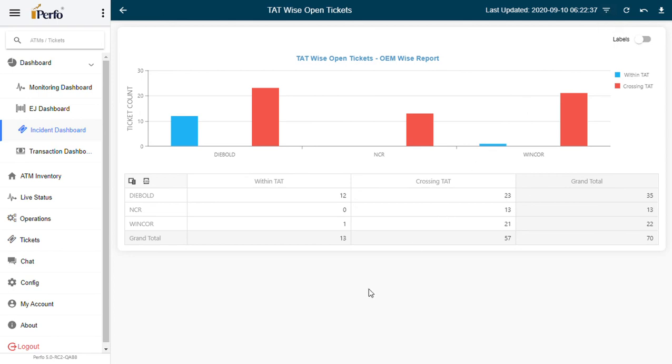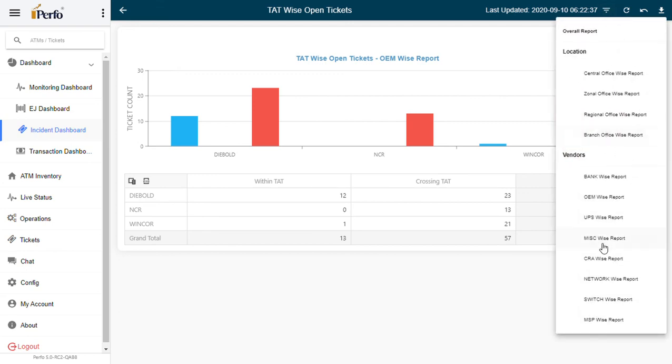Okay, you can download these reports, produce them to your vendors, and tell them this is your actual SLA adherence. Okay, you could do the same for CRA tickets also, the cash replenishment tickets.